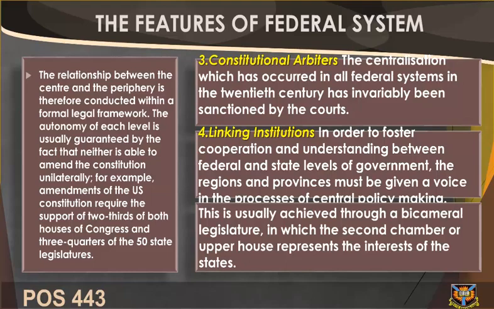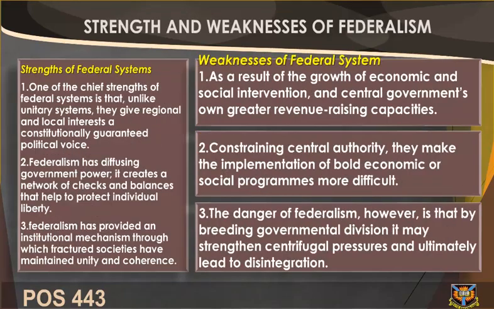In order to foster cooperation and understanding between federal and state levels of government, the regions and provinces must be given a voice in the processes of central policy making. This is usually achieved through a bicameral legislature in which the second chamber or upper house represents the interests of the states.